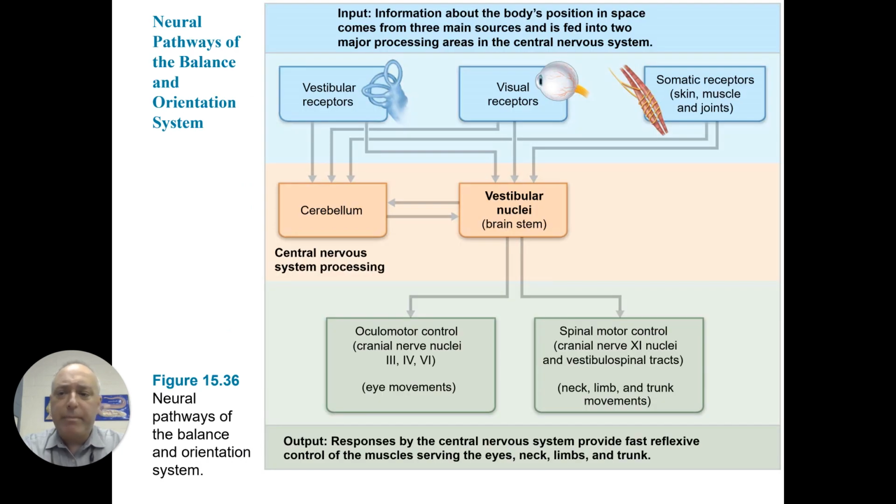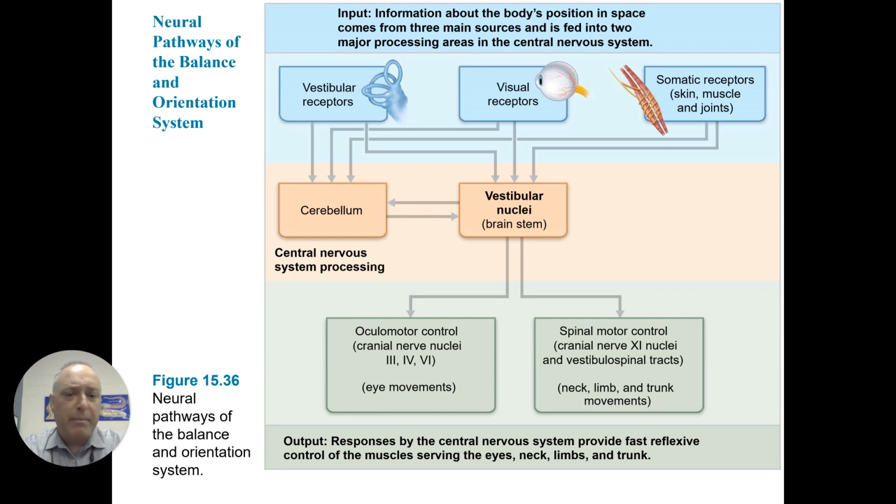So the neural pathways of balance and orientation. The input is the information about the body's position in space, and it comes from 3 main sources. This is from the vestibular receptors in the vestibular cochlear apparatus, from the visual receptors of the eye, and then from somatic receptors of the skin, muscle, and joints.